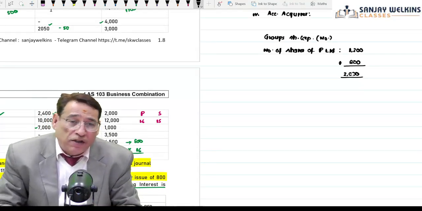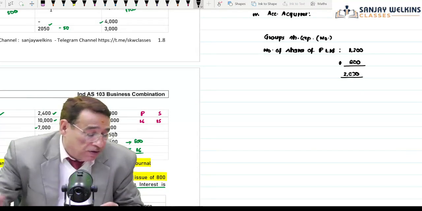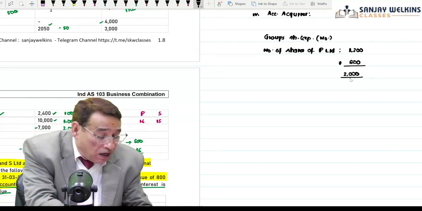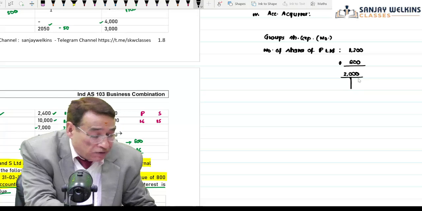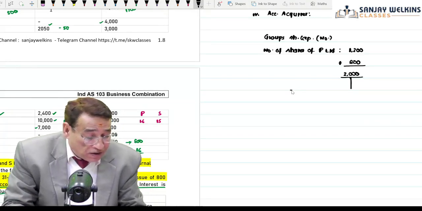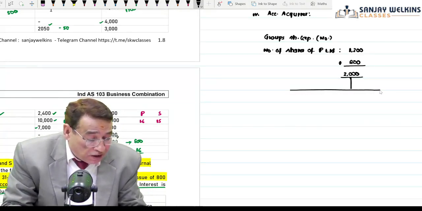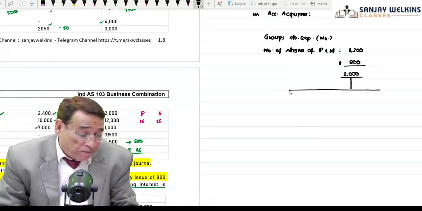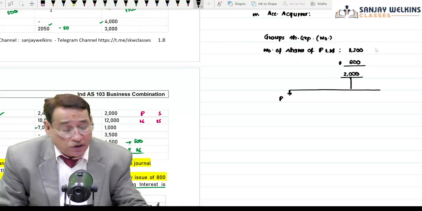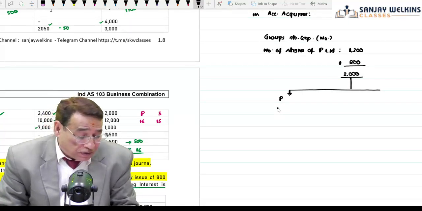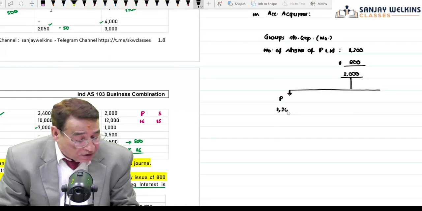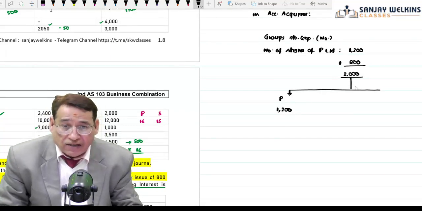Now the next point is that out of these 2,000 shares, how many shares are held by P Limited and how many are in the hands of S Limited? So in this case, out of these 2,000 shares, P Limited is having only 1,200 shares because 800 shares have been issued to S Limited.